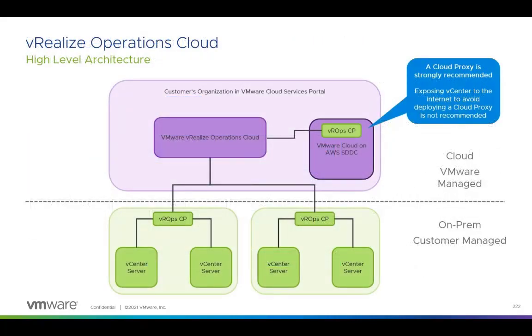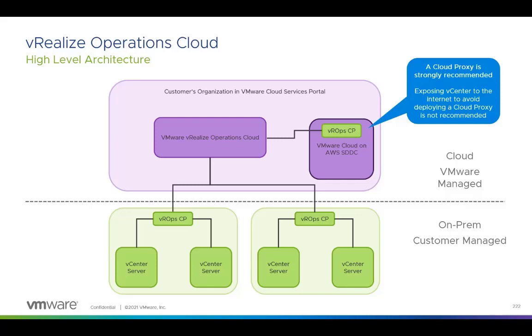For vRealize Operations Cloud, this is the high-level architecture. We'll spend a little more time talking about vRealize Operations Cloud later in this module. But you can see here there are references to a vRealize Operations CP, or cloud proxy, called out by that little blue bubble there.